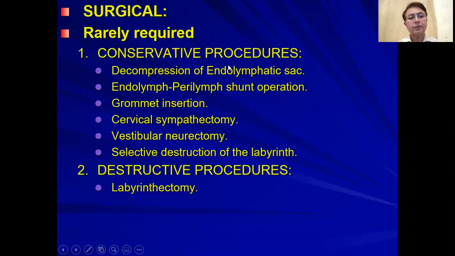Hearing conservative procedures, endolymphatic sac decompression with shunt, or sympathetic or partial neurectomies, or partial destruction of the labyrinth can save the hearing. It is only in 10 to 20% of patients that medical treatment altogether fails.